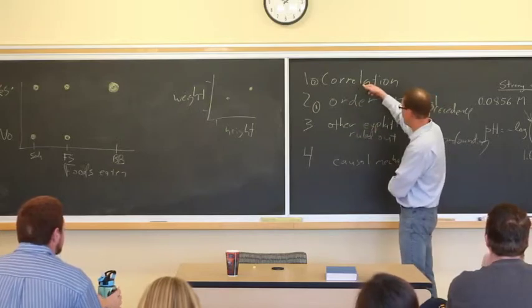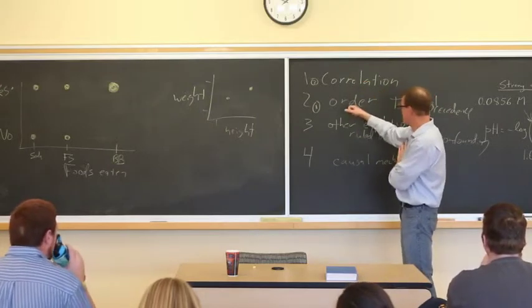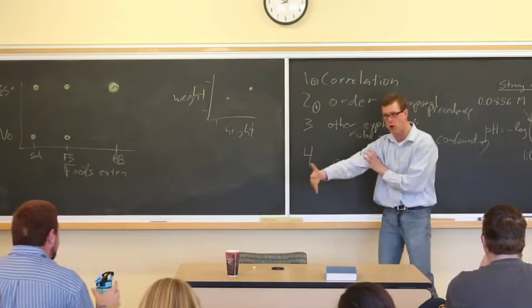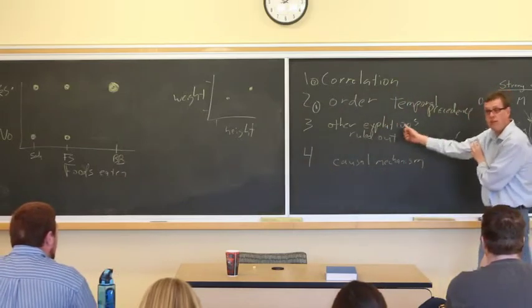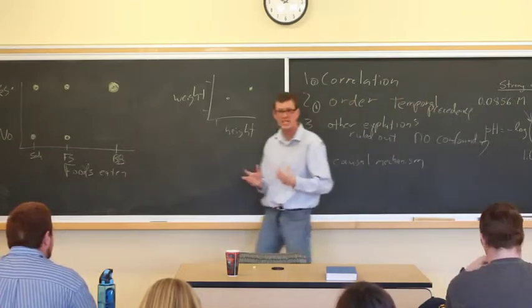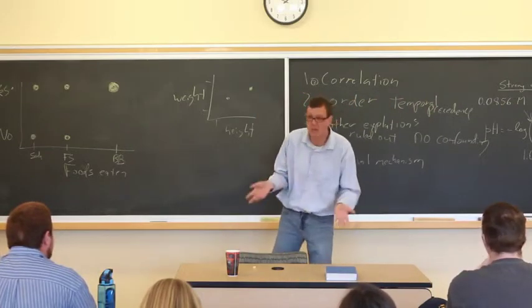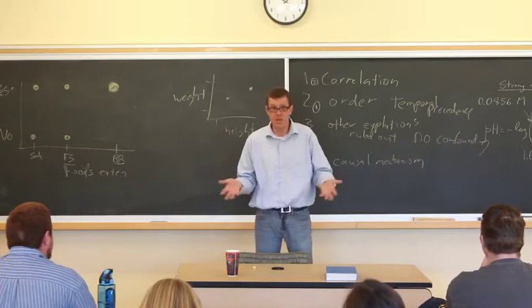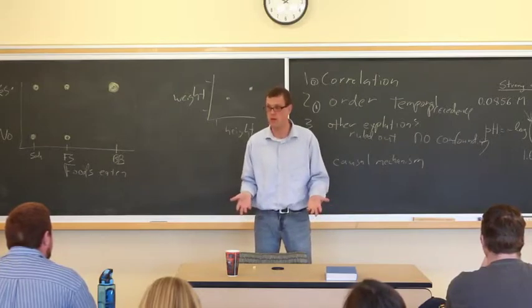So if we observe a correlation, and it seems that one thing temporally preceded something else, and we've ruled out other explanations, even though we might not be able to explain why this is happening, it doesn't mean that it's not happening that way.